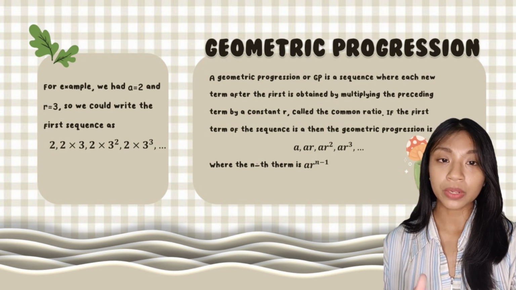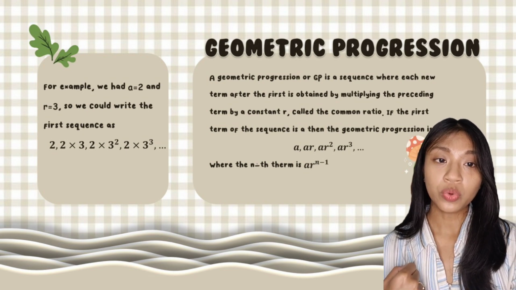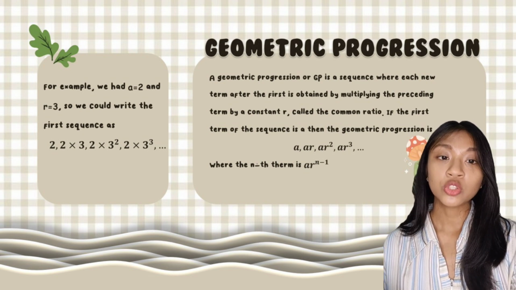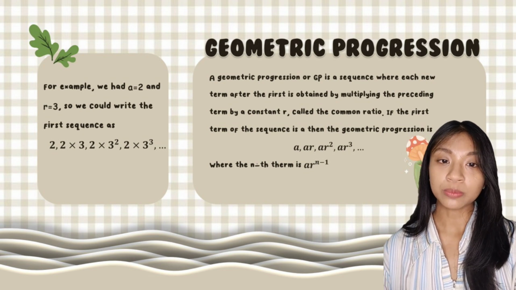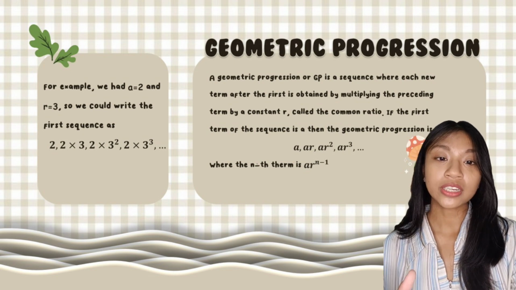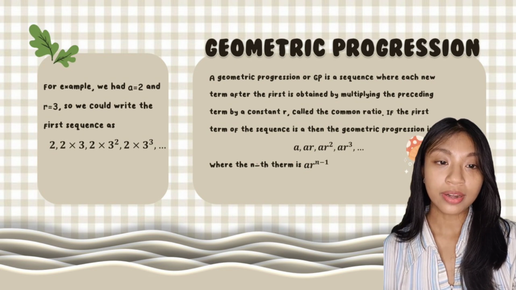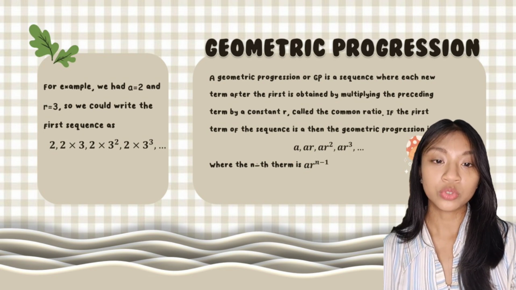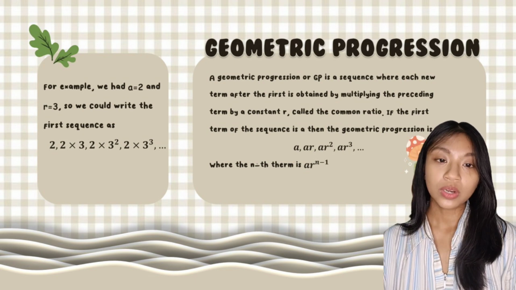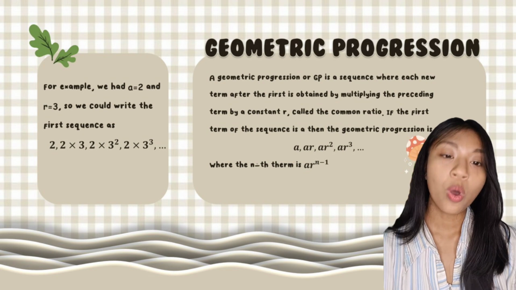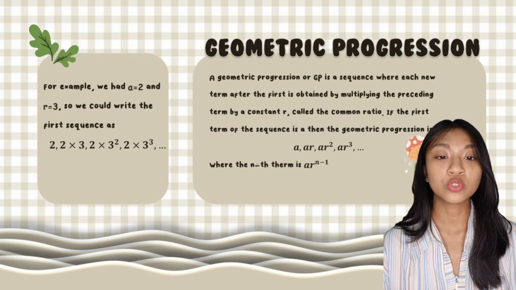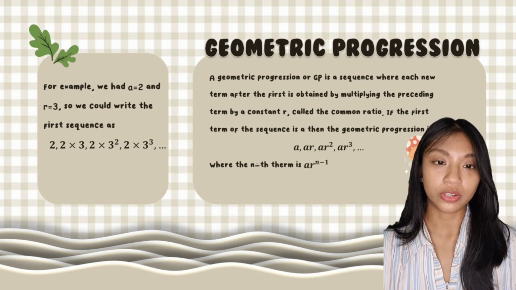In our first example, we had a = 2 and r = 3, so we could write the first sequence as 2, 2 times 3, 2 times 3 times 3, 2 times 3 times 3 times 3, and so forth. In our second example, a = 1 and r = -2, so we could write it as 1, 1 times -2, 1 times (-2)^2, 1 times (-2)^3, and so forth.